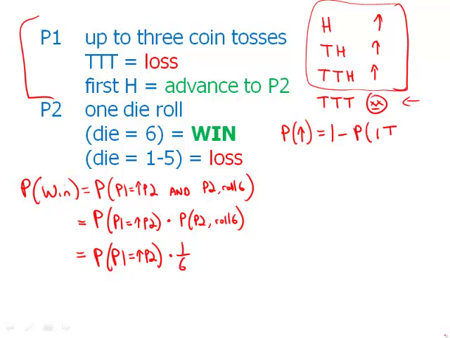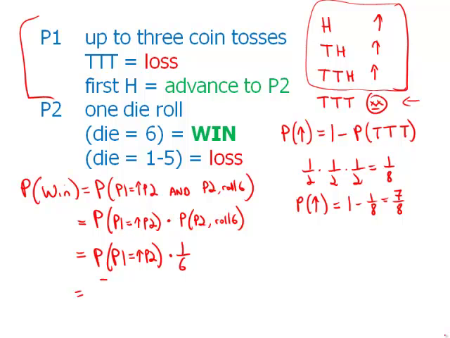Of course, the probability of losing is the probability of flipping 3 tails in a row. Well, what's the probability of flipping 3 tails in a row? Tail and tail and tail would be 1/2 times 1/2 times 1/2, which is 1/8. And so the probability of advancing would be 1 minus 1/8, which is 7/8. That is the probability that in phase 1 we wind up advancing to phase 2.